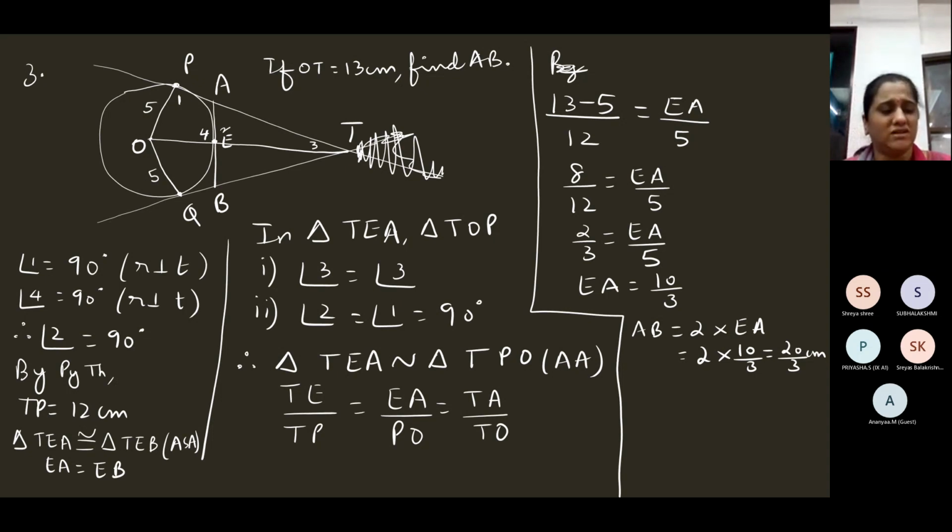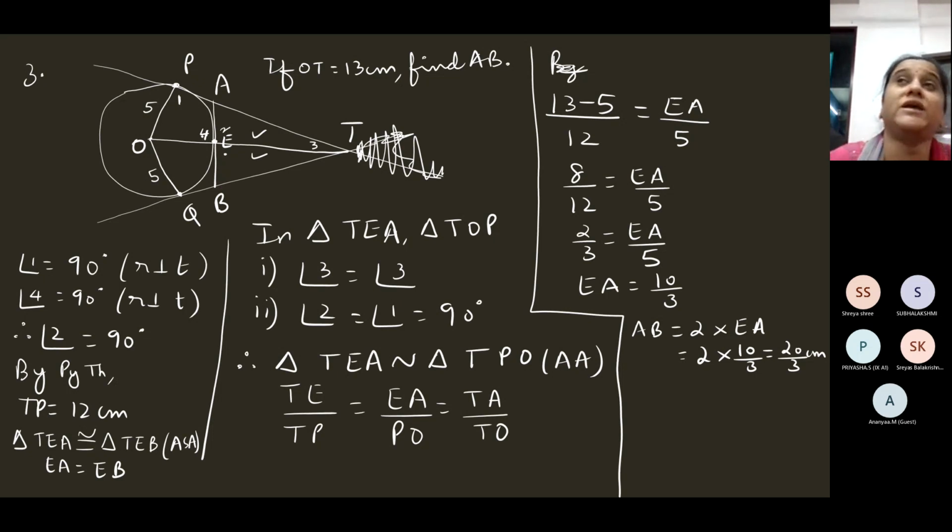You don't have to write the details. This is enough. Because in these two triangles, you can see that this angle is 90, no? Angle TEA is equal to angle TEB is equal to 90 degrees, correct? Angle 4 is 90 by radius perpendicular.